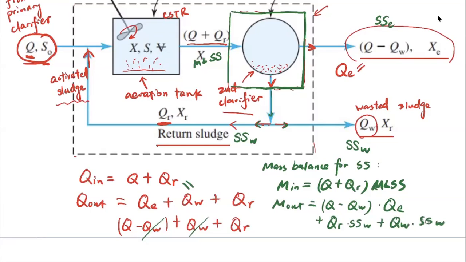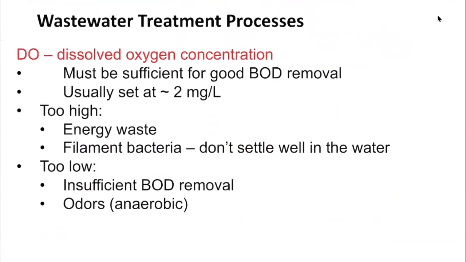Okay, so these two have to be equal to each other. So this is the mass balance for water, and this is the mass balance for the suspended solids. We're going to use these mass balances quite a lot when we design the activated sludge system, okay?